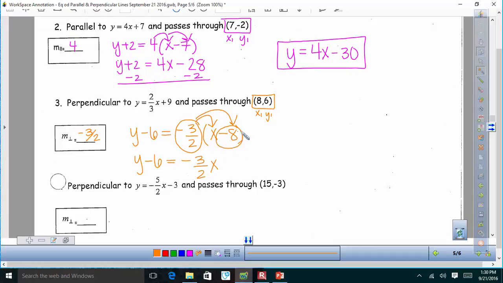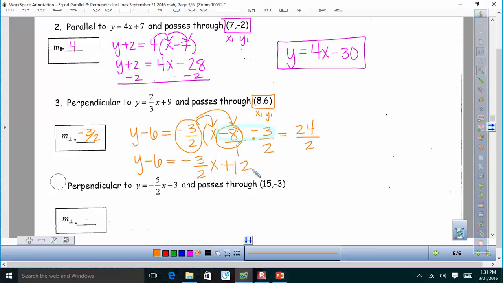So remember, I like to go ahead and make this a fraction too, and then multiply, because then I can just multiply straight across. So I'm going to do -8 times -3. What would that give me? Positive 24. And then I do 1 times 2, and 24 divided by 2 gives me what? 12.